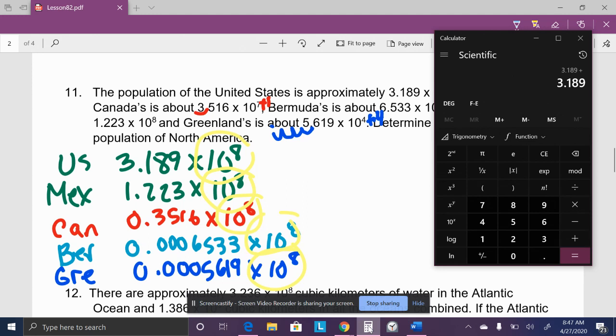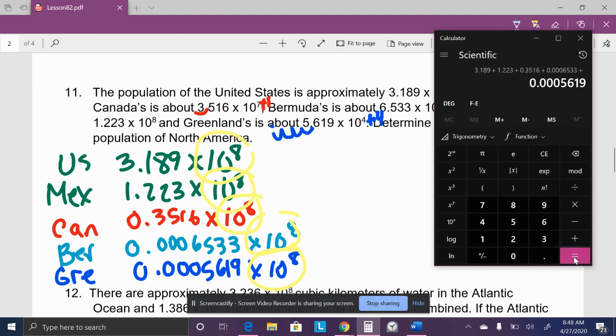3.189 plus 1.223 plus 0.3516 plus 0.000653, and then plus 0.0005619. I'm not going to give you an evil one like this on homework, all right?